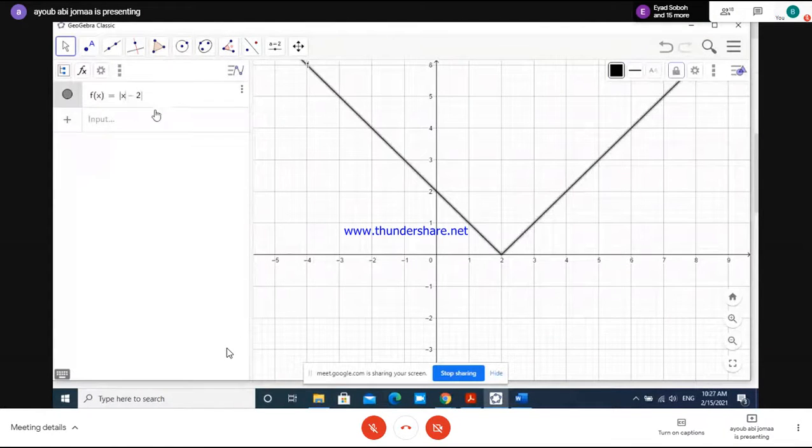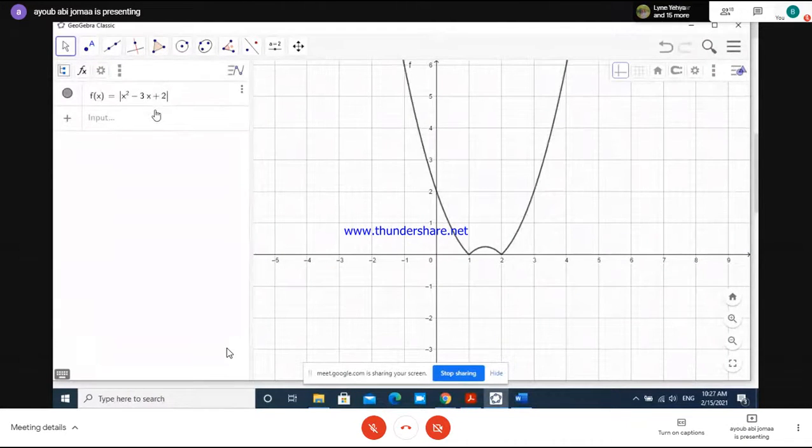Let's have another example. Let's say x squared minus 3x plus 2. Can you see this? Here the function is not differentiable at 2 points.